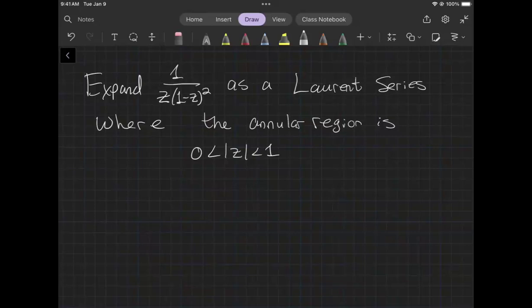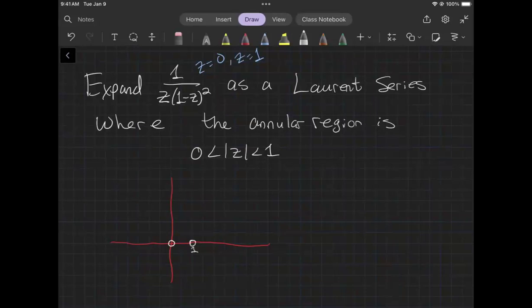So the best way to approach this is to draw a picture and see where our function is defined. We know this function is analytic except at z equals 0 and z equals 1, right?